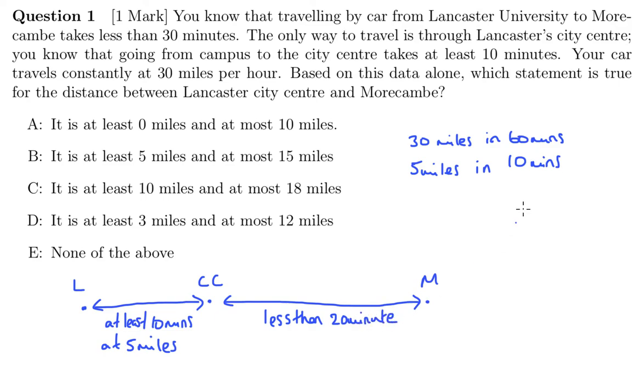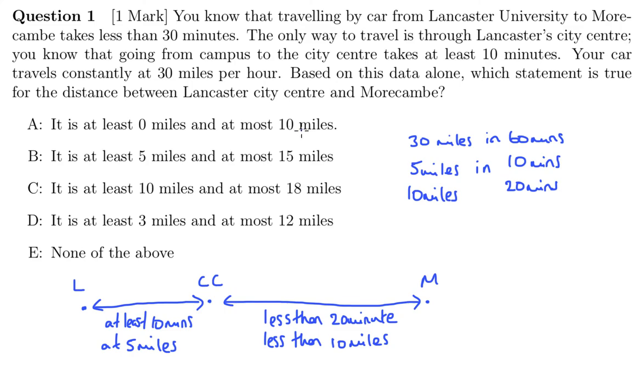And 20 minutes, if 10 minutes is 5 miles, that's less than 10 miles. So the answer therefore must be either A, because we've got less than 10 miles, so at most 10 miles, or E, none of the above. So we can definitely count out B, C and D.